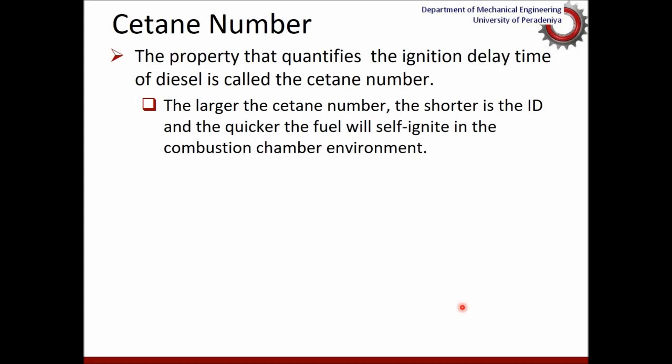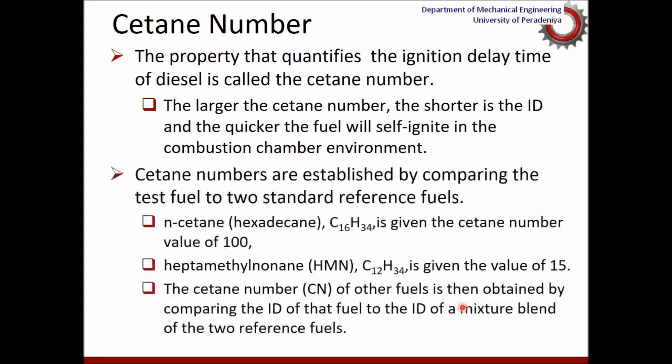Now, the octane number describes the tendency for knocking, whereas cetane number describes how long the fuel will take before it gets auto-ignited. So, the larger the cetane number, the shorter the ignition delay is, so that you could burn quickly.